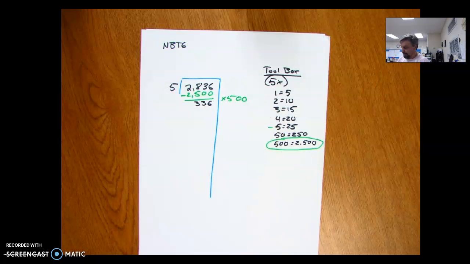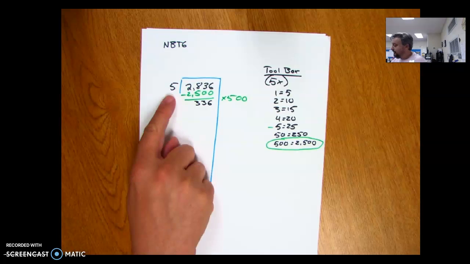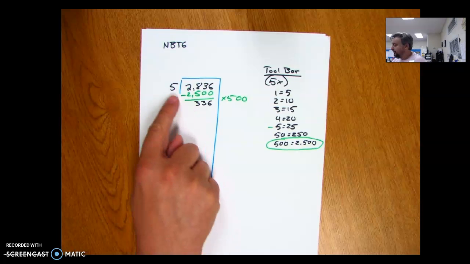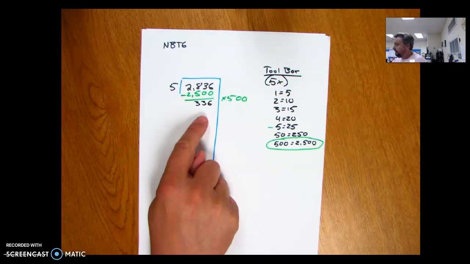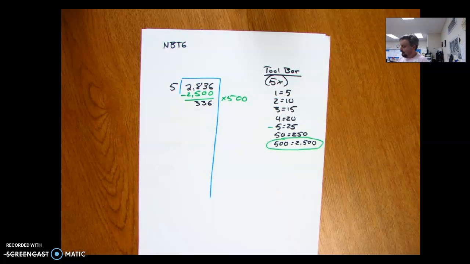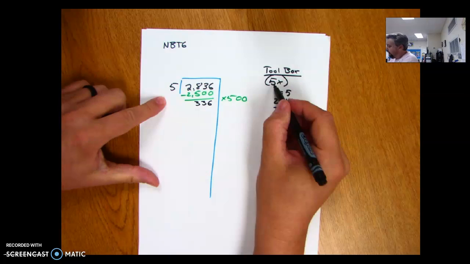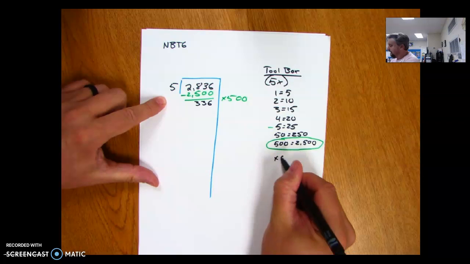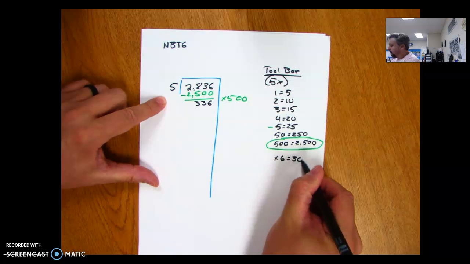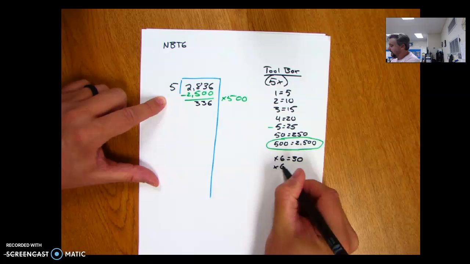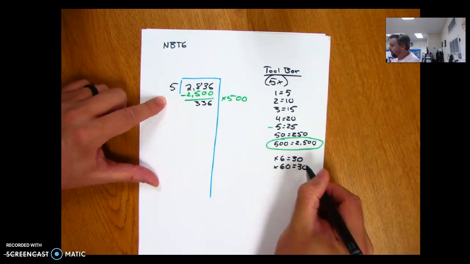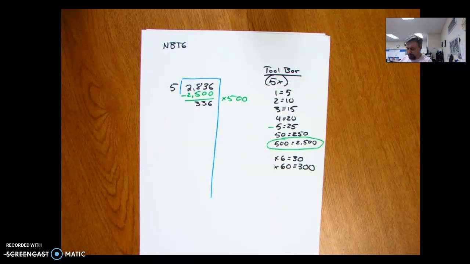So let's go ahead and look, and we say 5 goes into 3. It can't, but 5 goes into 33. We can go with a 6. 5 times 6 equals 30. 5 times 60 equals 300. We're going to use that.